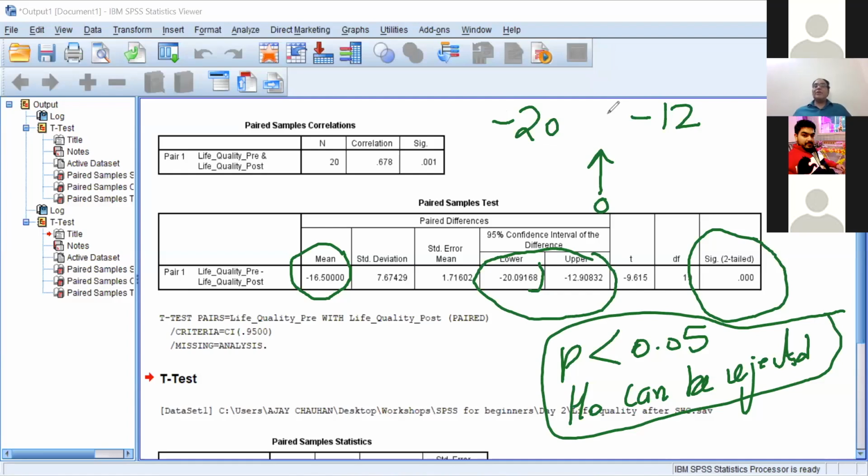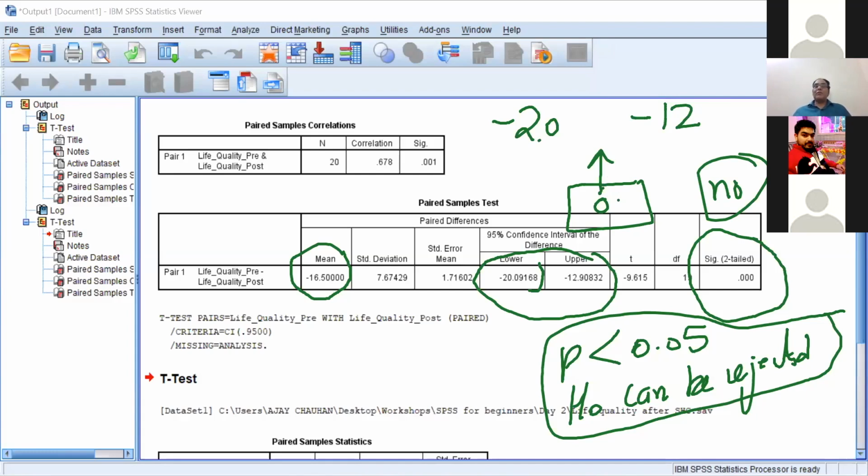I am asking you a very simple question. Whether this upper level and lower level have the 0? You say no, 0 will not lie between 20 and 12. So if 0 lies between that, it means null hypothesis cannot be rejected. But we know that 0 does not exist between 12 and 20. So null hypothesis rejected, right?